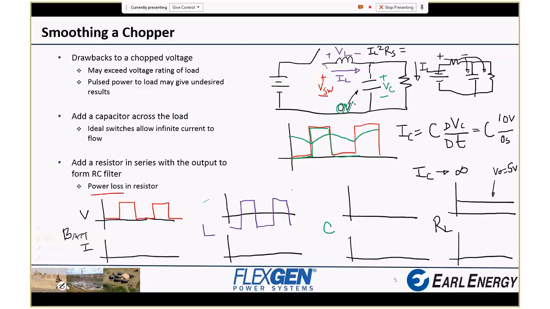If we recall the inductor characteristic equation, VL equals L dIL/dt, a negative voltage applied to an inductor is going to give you a negative change in current. I'm going to draw it up here for reasons that I'll expand on later.